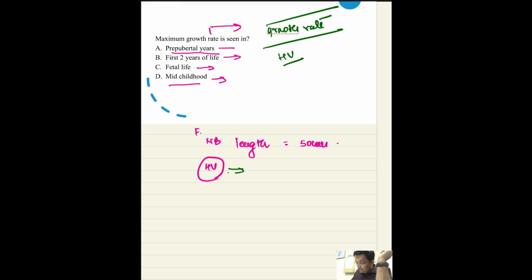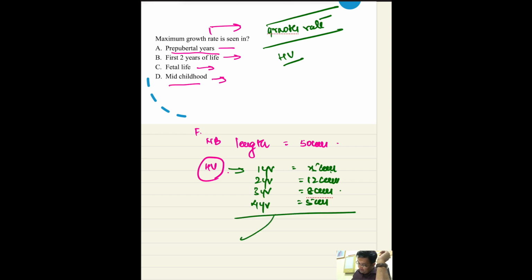Height velocity in the first year is 25 centimeters. Second year it is 12 centimeters. Then in the third year it is 8 centimeters. And then it is 5 centimeter from the fourth year, and this continues till just the pre-pubertal years.